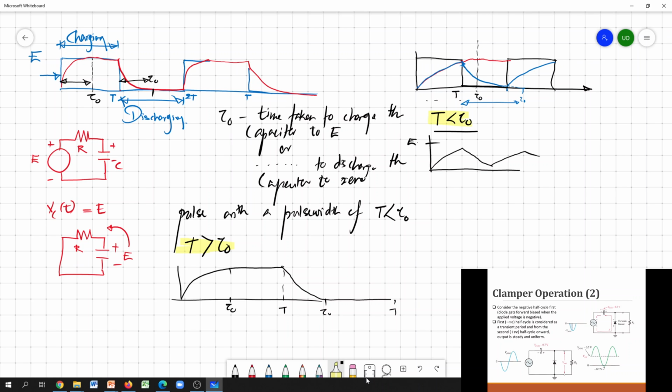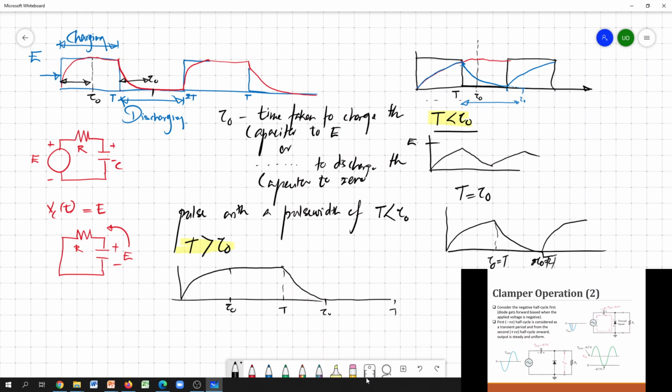Okay. So if this is equal, then you have a very perfect charging and discharging process, like that. So this is tau naught which equals T. This is again 2 tau naught which equals 2T.